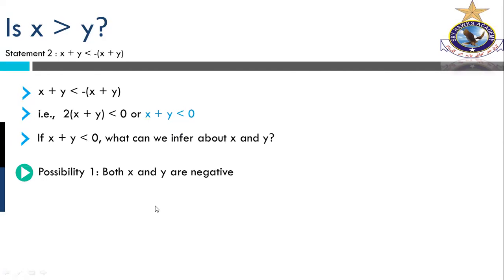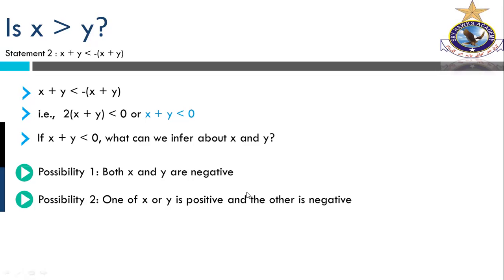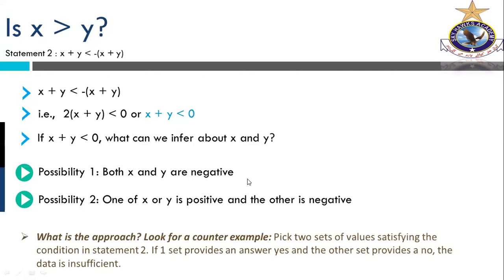Anyhow, possibility one, what you were talking about, that last time you were talking about the different possibilities, is that both are negative. Then the possibility second was that one of x or y is positive and the other is negative. Well, absolutely. What is the approach?